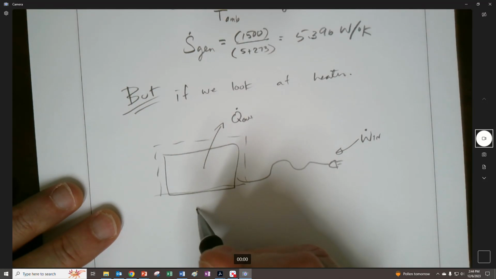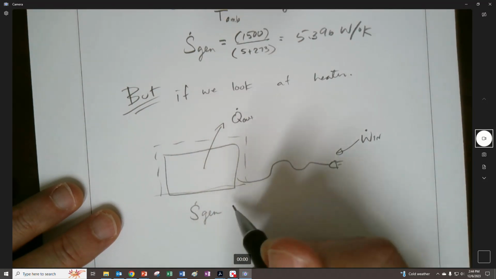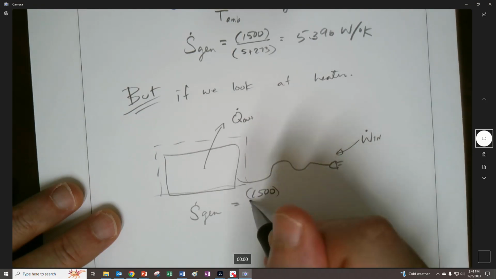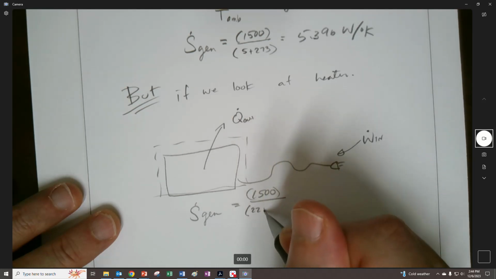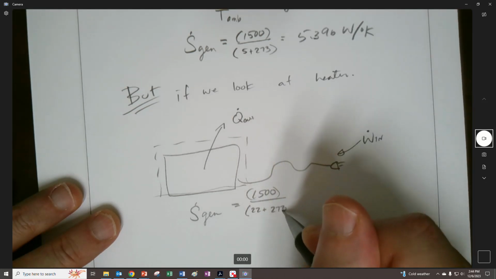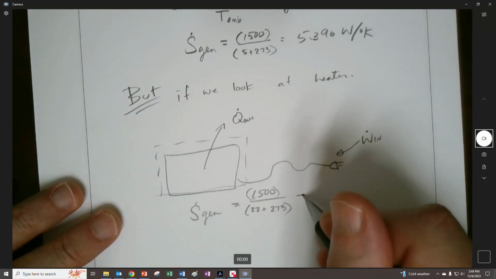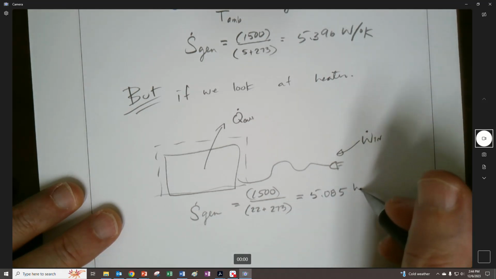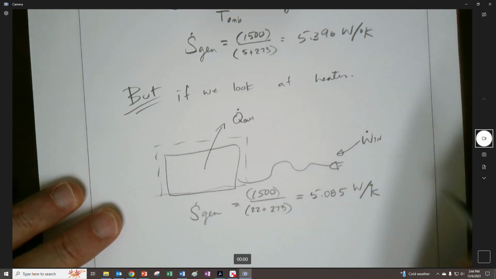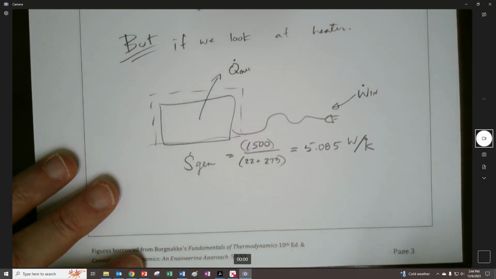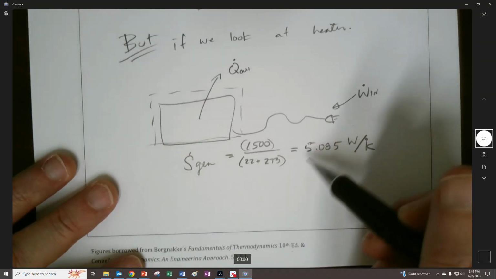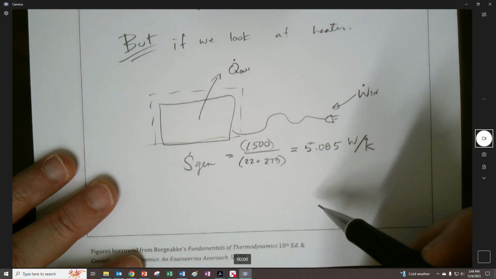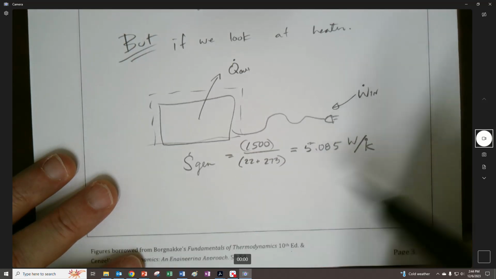So we have the S dot gen, because of this running heater, which is going to be that 1500, and now we're going to use the 22 plus 273, and it equals 5.085 watts per kelvin. And so right here, this thing has generated entropy as we're going through it.